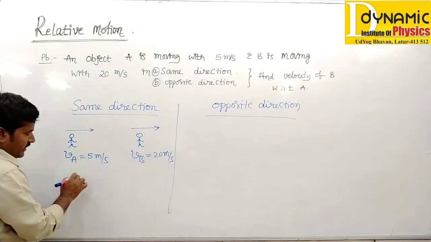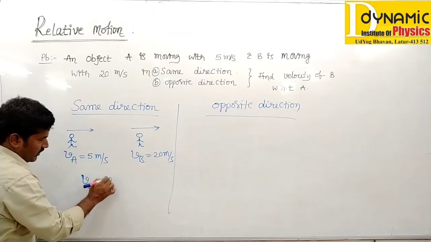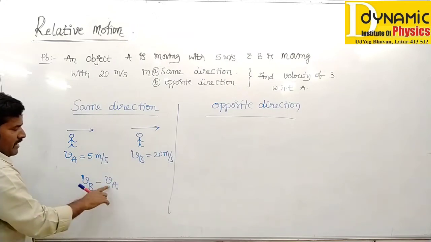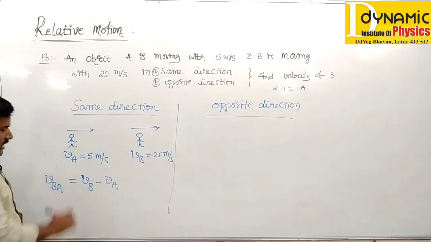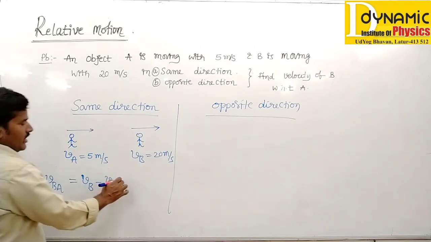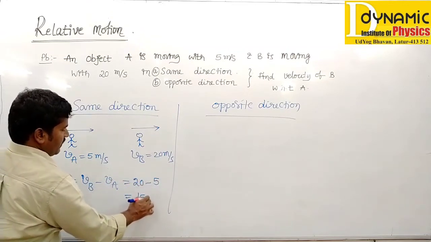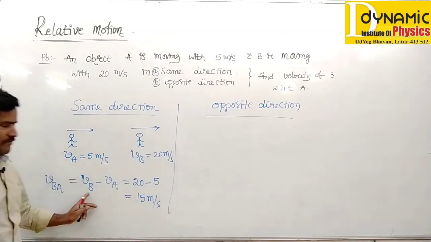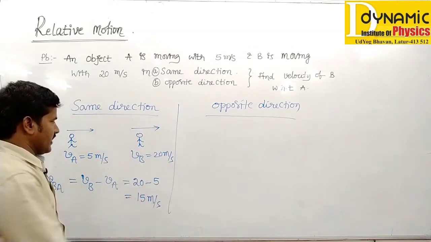The velocity of B with respect to A in the same direction is Vb minus Va, which is 20 minus 5, that is 15 meters per second.